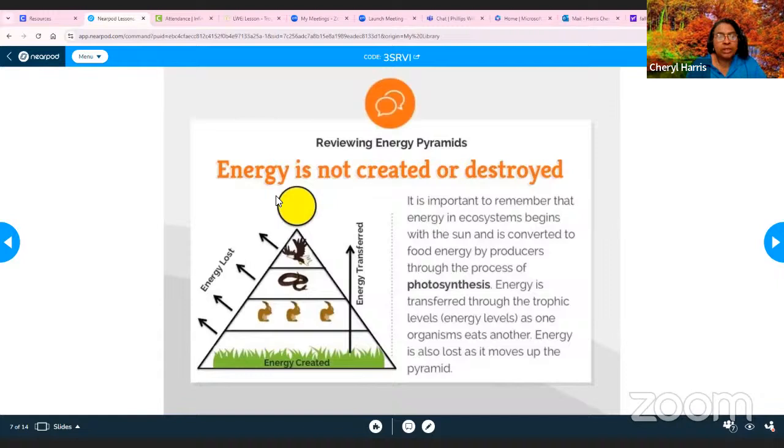All right, so we look at this. You have to remember way back from before with the energy, the law of conservation of energy says energy is not created or destroyed. That's a law. All the energy that is in the universe is in the universe, and it is just recycled.